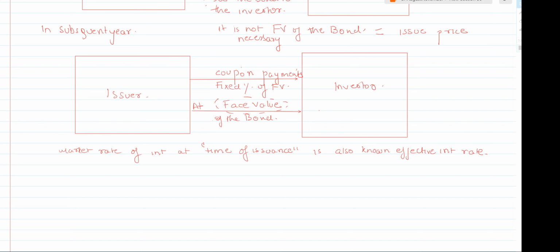Now, let us take an example which we have taken yesterday as well. Say XYZ company issues a $100 face value bond, right, at a coupon rate of 5% and the bond will mature in 3 years.